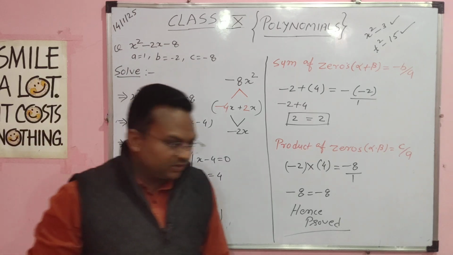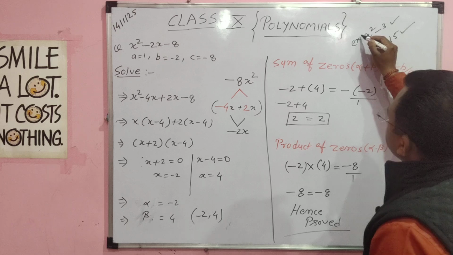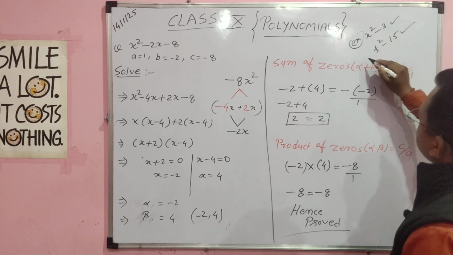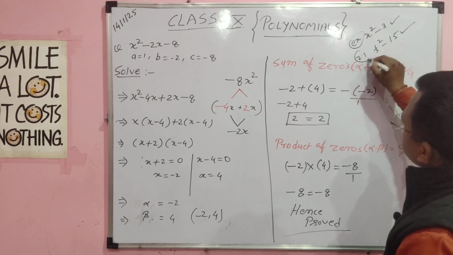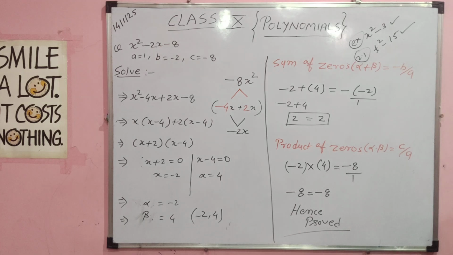In the NCERT book, x square minus 3 is an example question, and t square minus 15 is an Exercise 2.1 question. Okay, so next we discuss any one question. Clear?